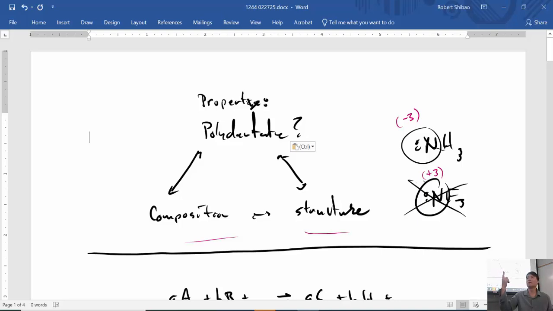We have, could be molecular, could be atomic, atoms, like helium, atoms. It could be ionic.